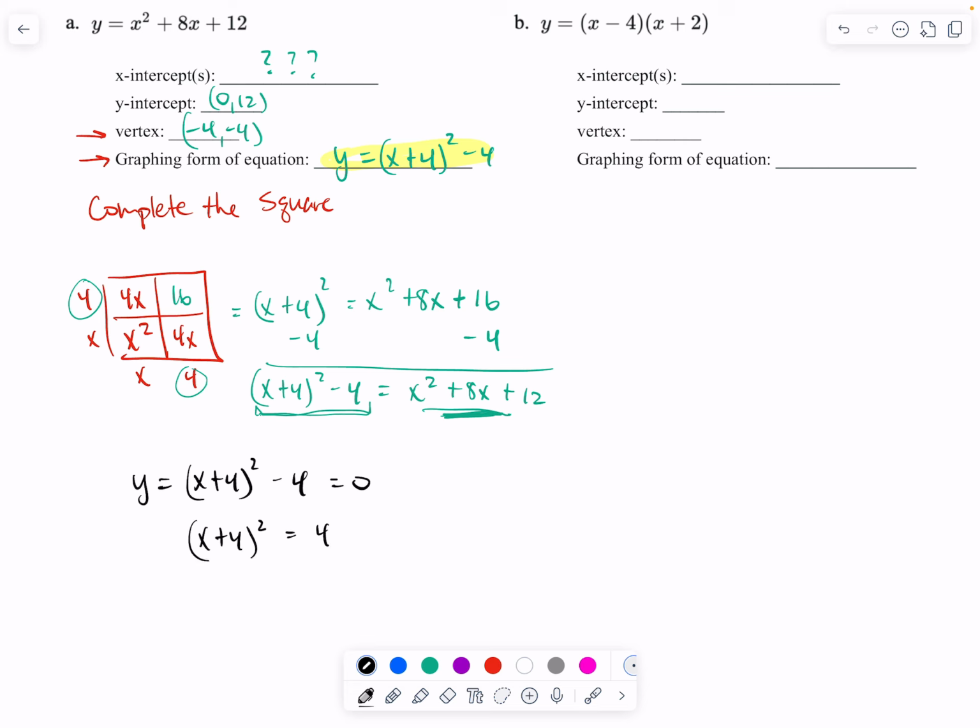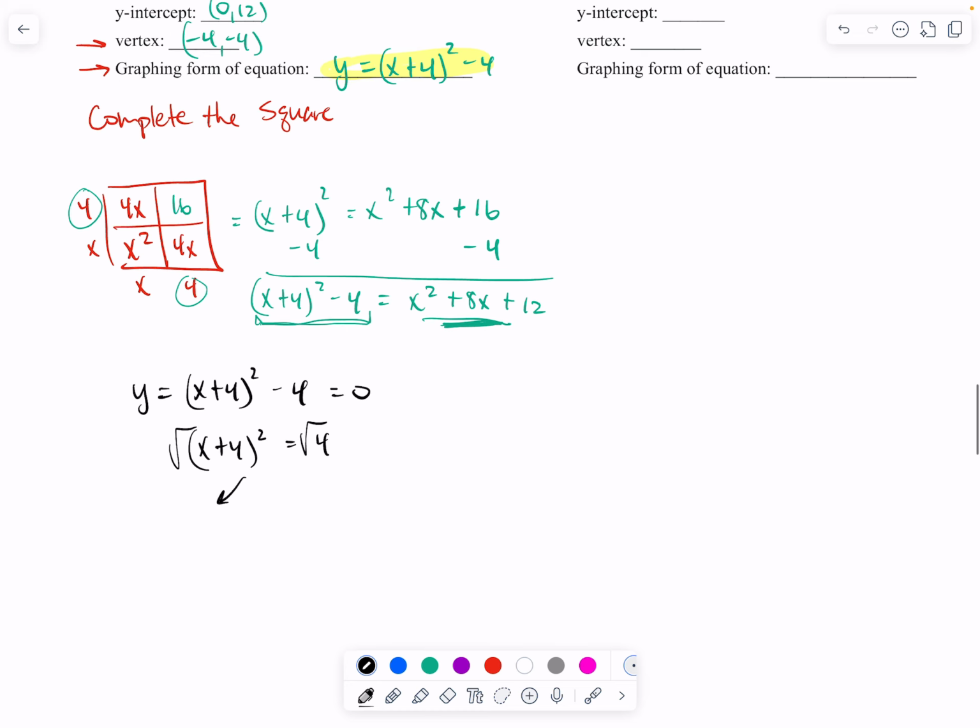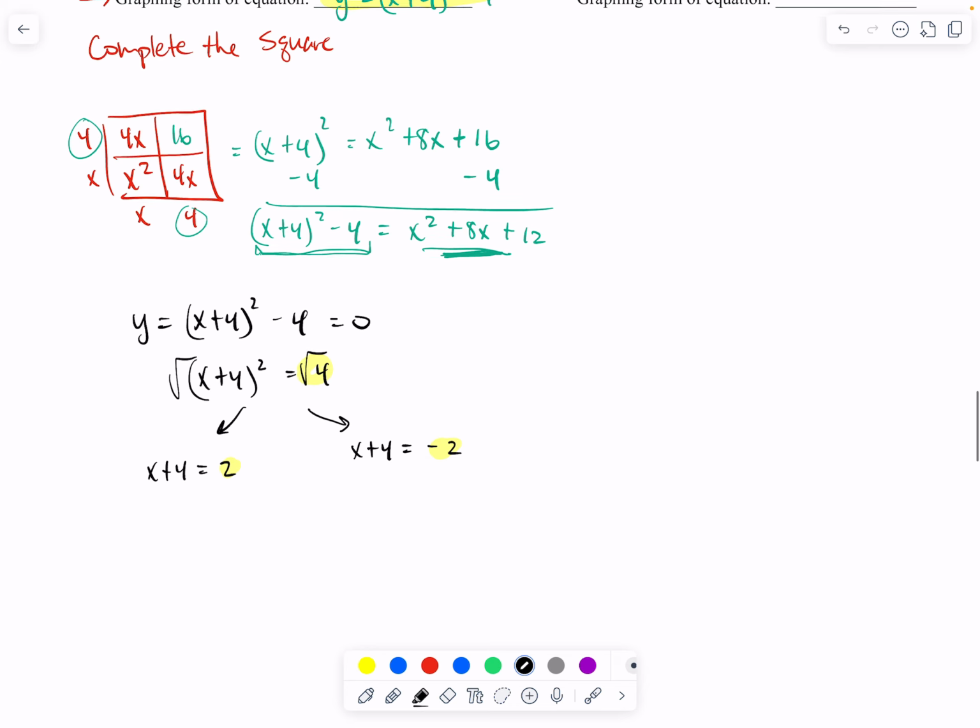And then I'm going to take the square root of both sides. This is going to give me two possibilities. Either x plus 4 is equal to 2, or x plus 4 is equal to -2, because 2 and -2 are both square roots of 4. So now I can see that I'm going to get two answers.